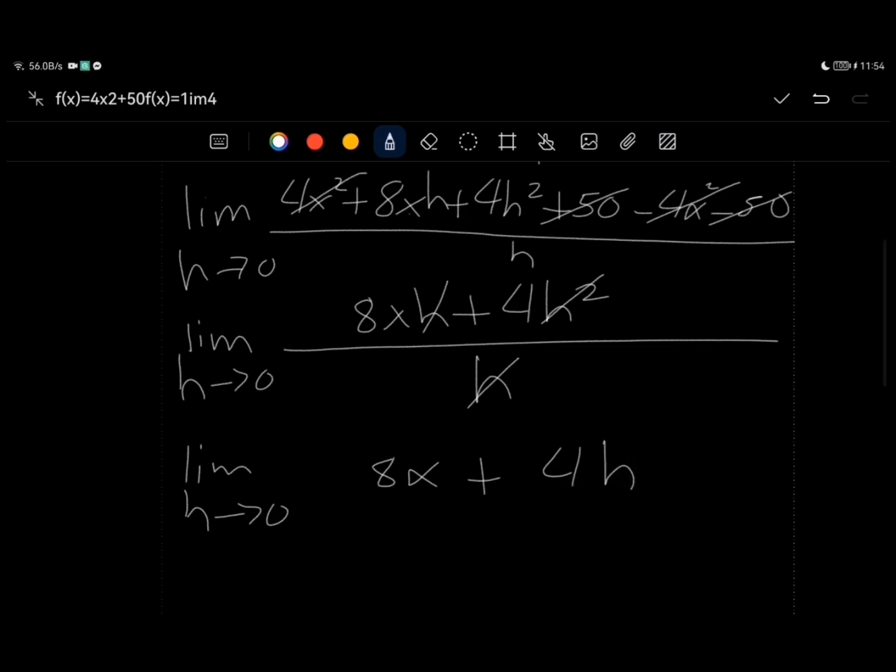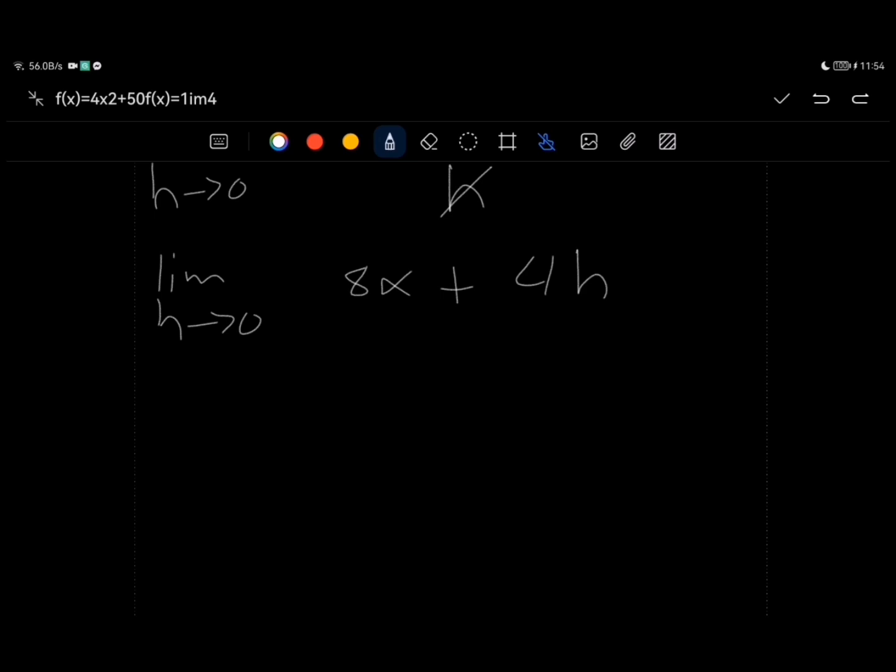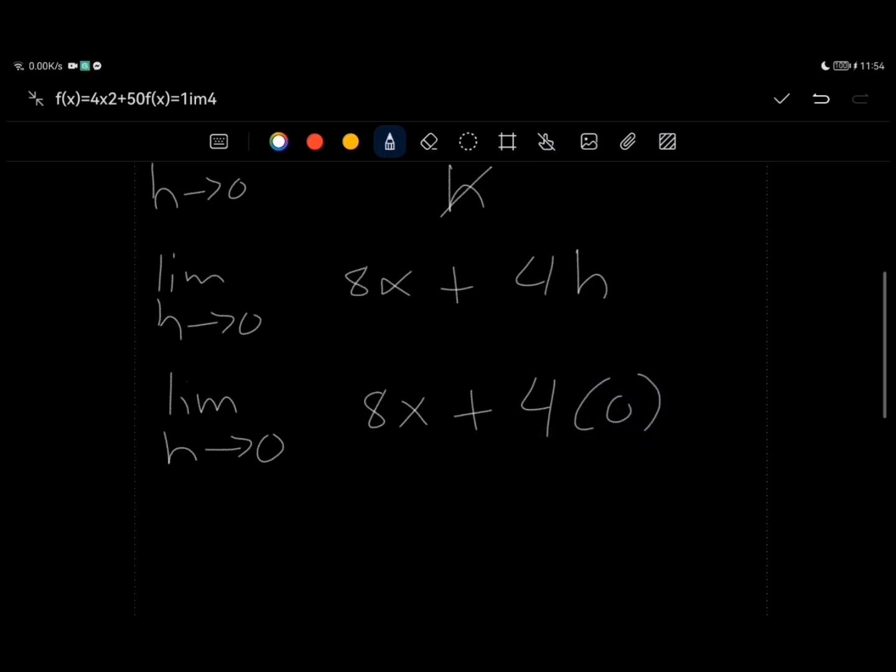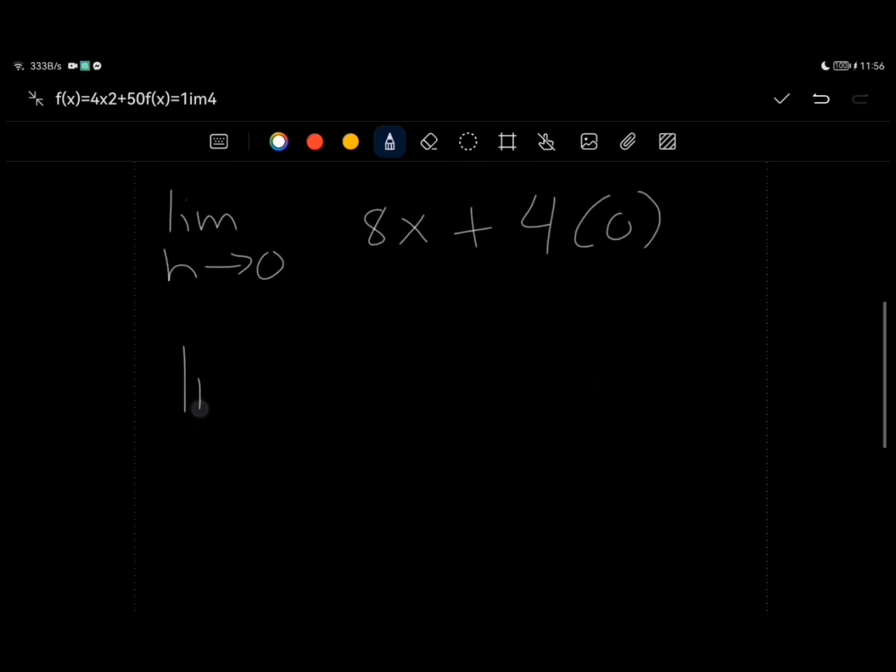So we're going to rewrite this whole thing, but substitute or replace h with 0. So that is going to be the limit as h approaches 0 of 8x plus 4 times 0. The limit as h approaches 0 is 8x.